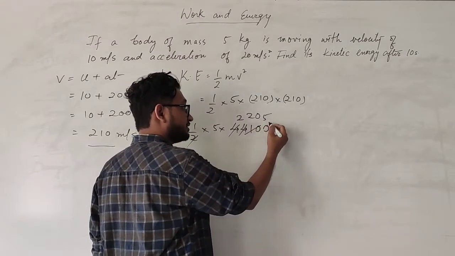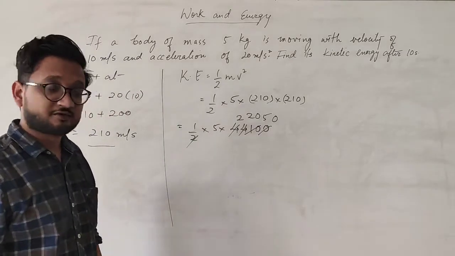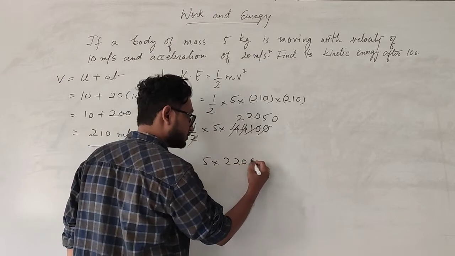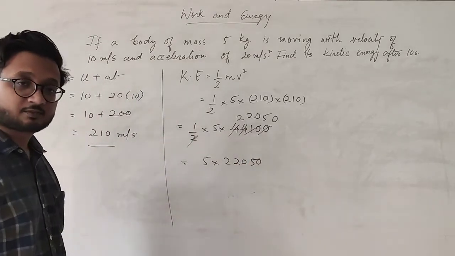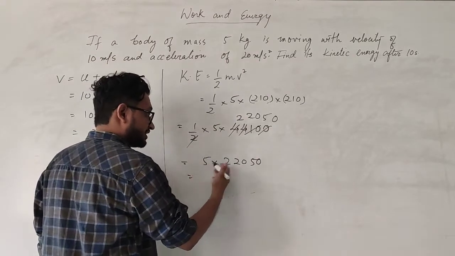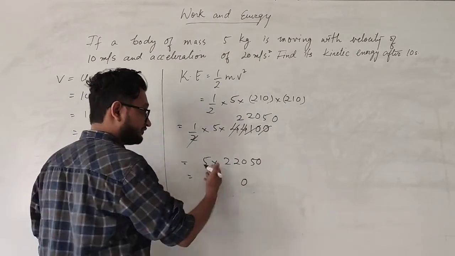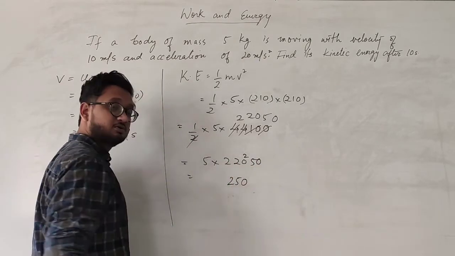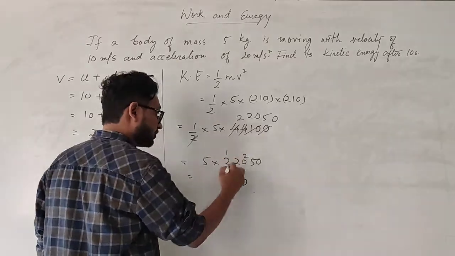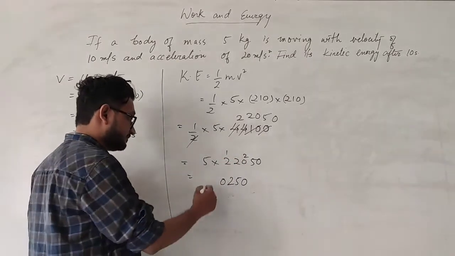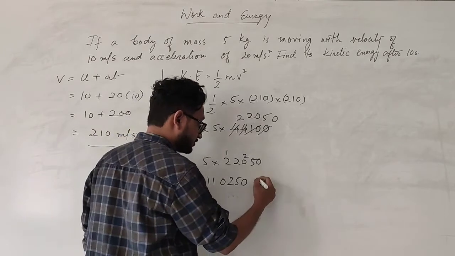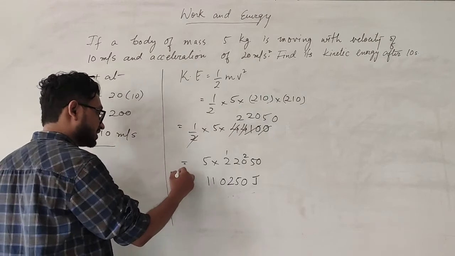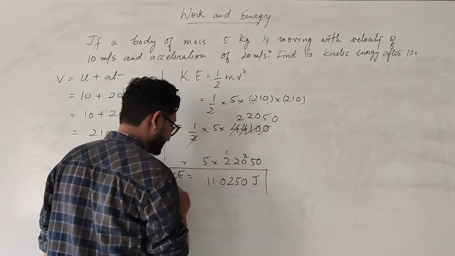And 2 5s 10 and 0. So now I get 5 into 1 into 5 is 5, 5 into 2 2 0 5 0. Multiplication of this, I get 5 into 0 is 0, 5 5s 25, 5 0 0 plus 2, 5 2s 10, 1 carry forward, 5 2s 10, 11, so 1 1 0 2 5 0 joules. So this is the kinetic energy of the object after 10 seconds.